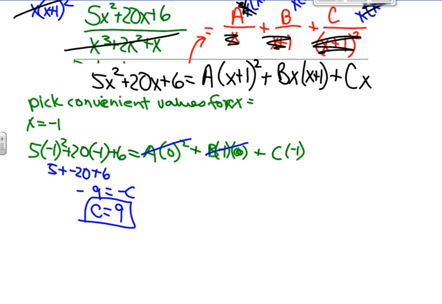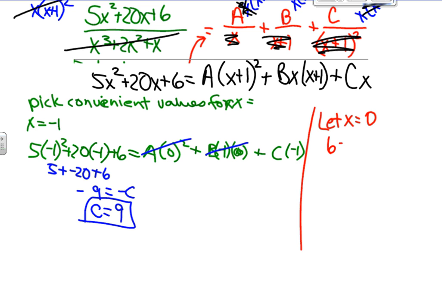What should I let x equal now? What's convenient? Think about my common denominator, or common multiple. Should I let x equal 0 as the next one? So I'll write a line there. Let x equal 0, and then I'm not even going to write all that. What's on the left if x is 0? 6.